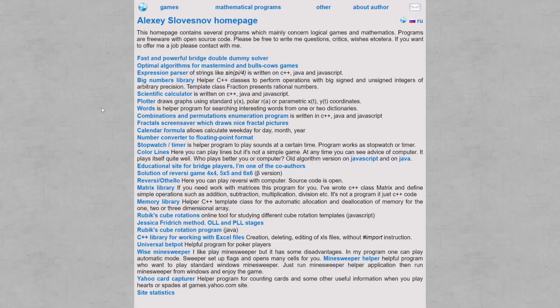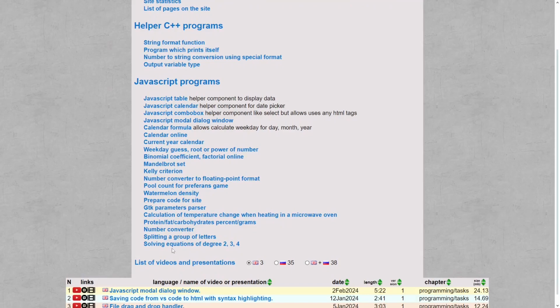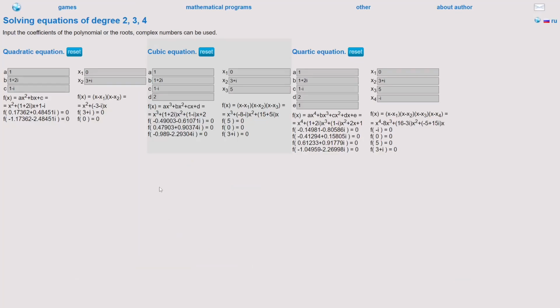On my website you can find a page on which you can solve equations of power 2, 3, 4 online. Go to Other and find the solving of equations of degree 2, 3, 4. Here you can enter the coefficients of every equation, and you can use complex or real numbers.